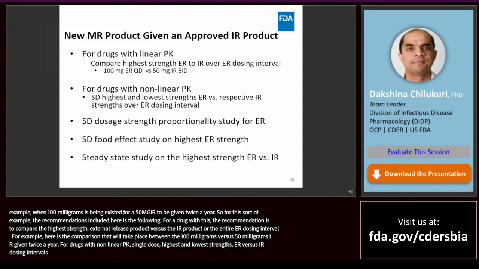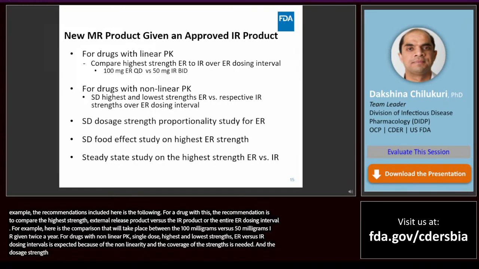Because of the nonlinearity, the coverage of strengths is needed. And a dosage strength proportionality study, which is described in the guidance, is required for this scenario. And a single dose food effect study on the highest ER strength is also included as one of the studies that is needed for approval.